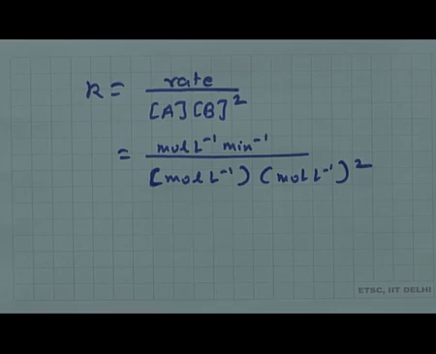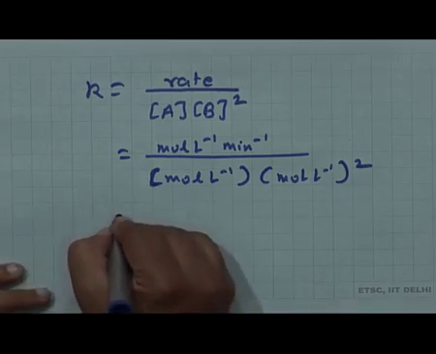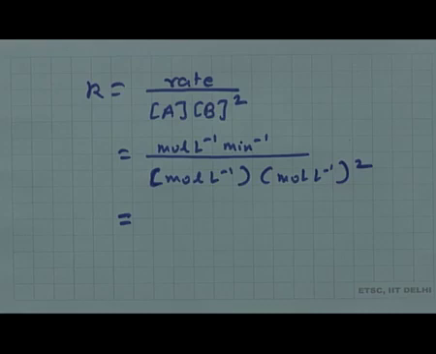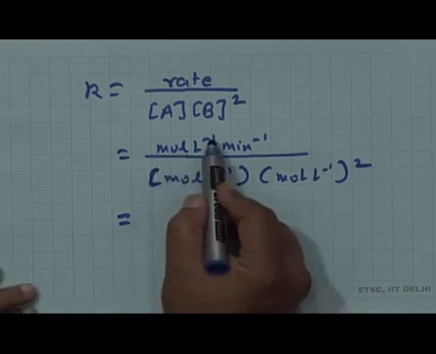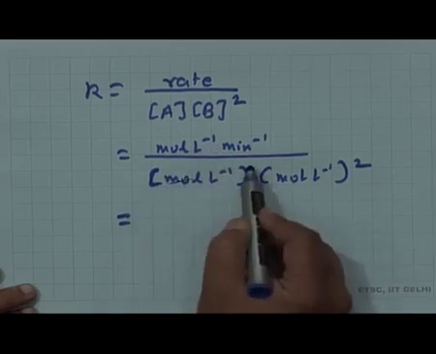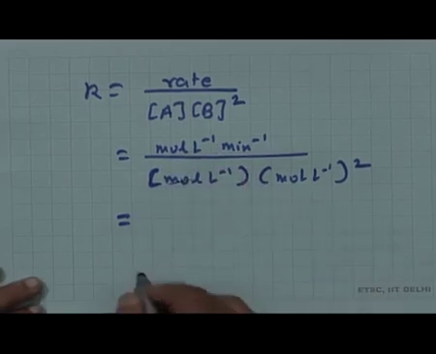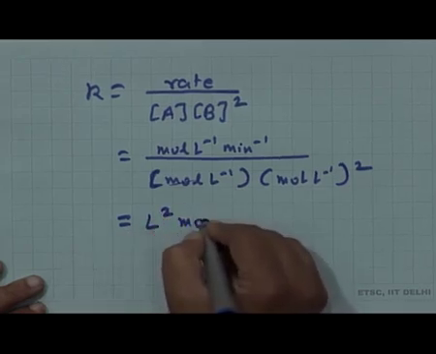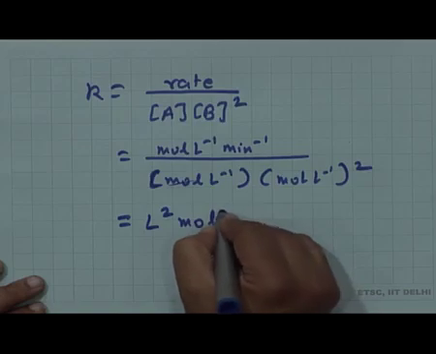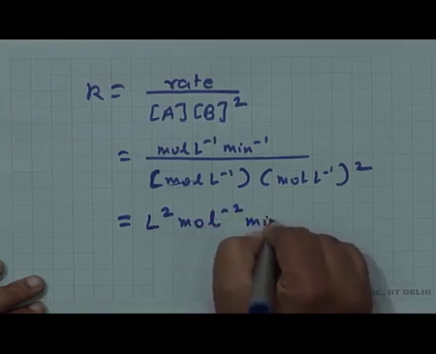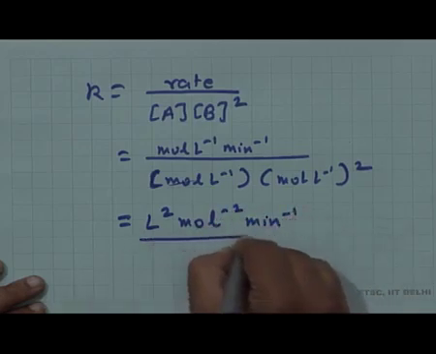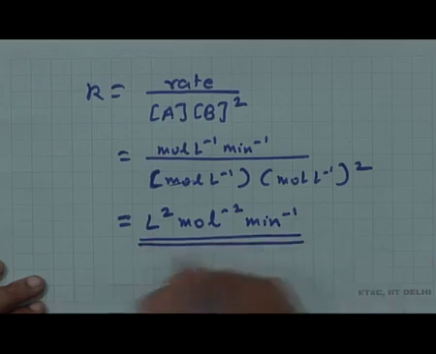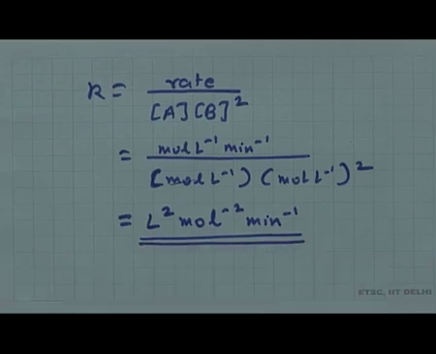Why? Because it is second order. Here, as you will realize, the first mole liter inverse and this one cancel out, and I will be left with liter squared mole to the power minus 2 minute inverse. This would be the unit of the rate constant k.